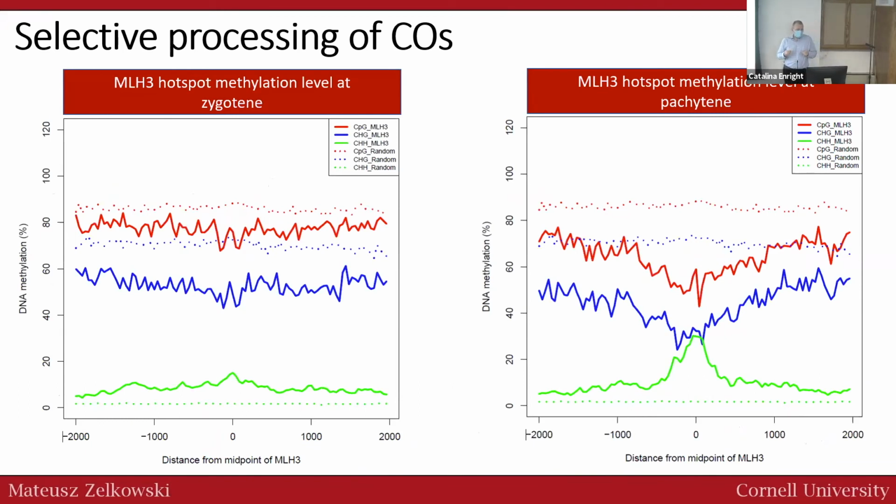When we go to the methylation studies, we see three different types of methylation in plants, predominantly CG and CHG, where H is everything except G. The dotted line is the reference of the genome. The CG and CHG are downregulated in zygotene and at the binding site of MLH3.